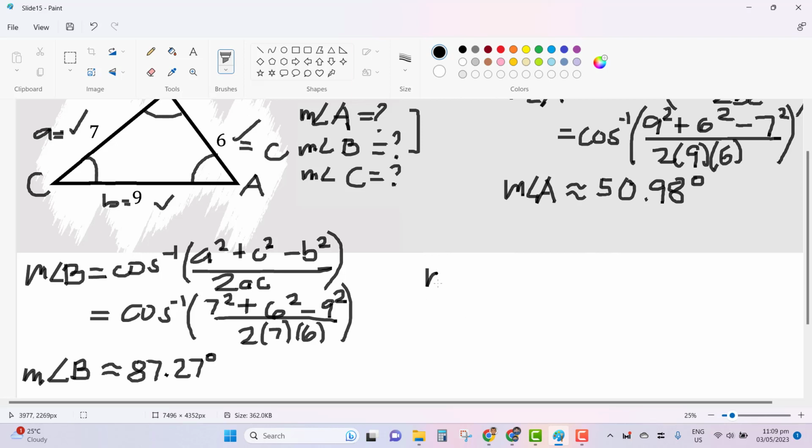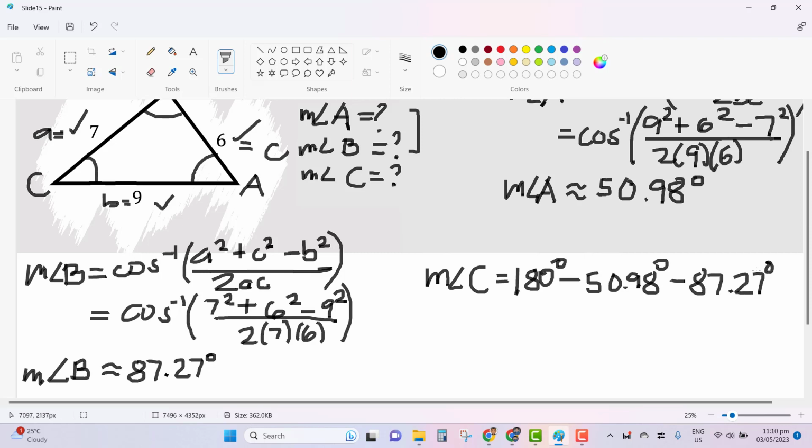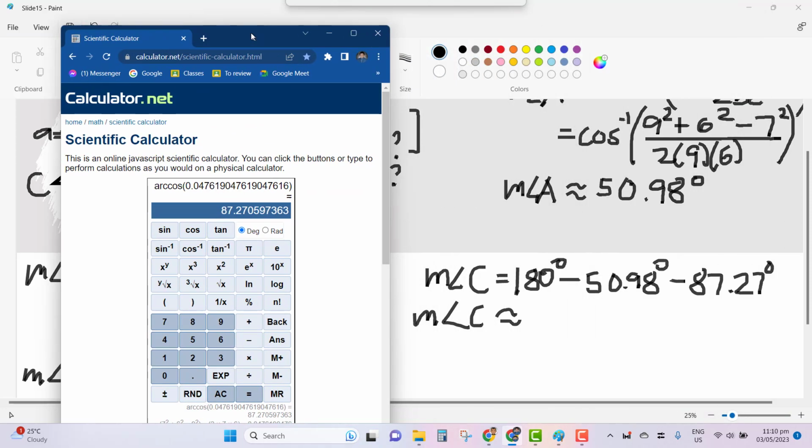So instead of doing that, in solving for the measurement of angle C, we just simply use 180 degrees, to be sure that it's a triangle, less those two measurements, 50.98 degrees less 87.27 degrees.